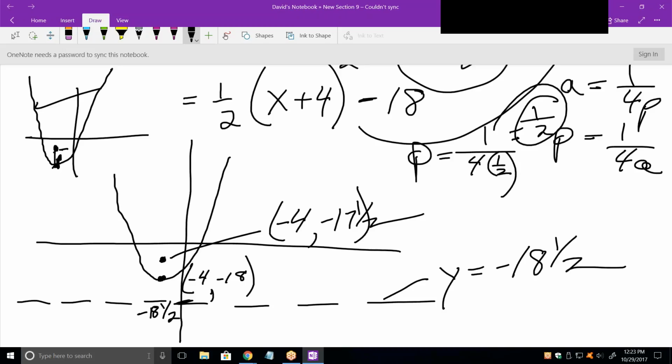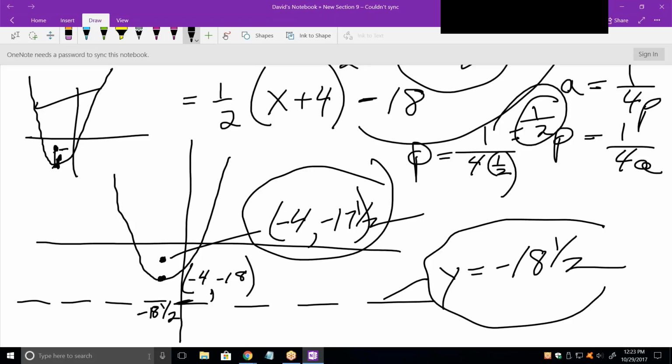Wherever it crosses the y-axis, that's the equation of the line: y equals that number. So there's your focus, there's your directrix. Very important that you give the focus as a point and the directrix as a line.